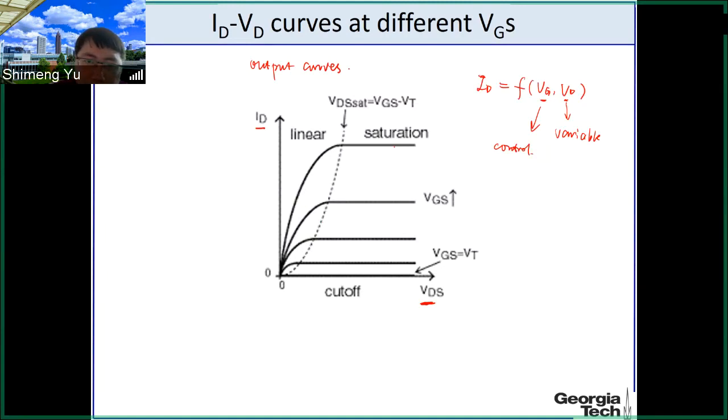So here this is ID-VD. When the VD is small, you know it's in the linear region. For example, if we give a certain VG, maybe this VG is like 1 volt. Then first, the transistor is in the linear region, and it will follow the equation.